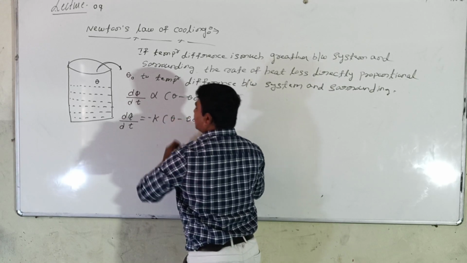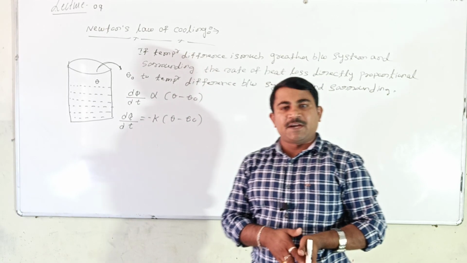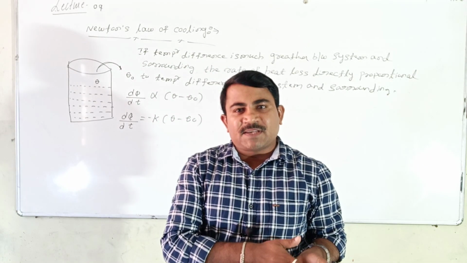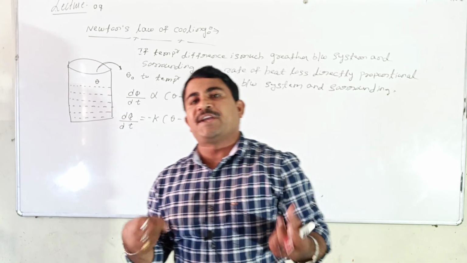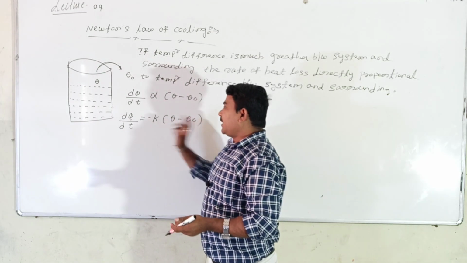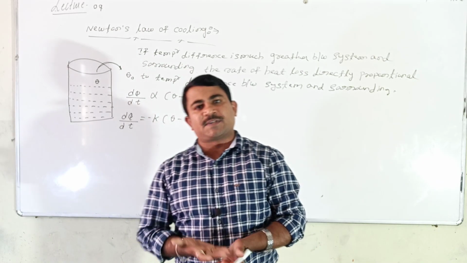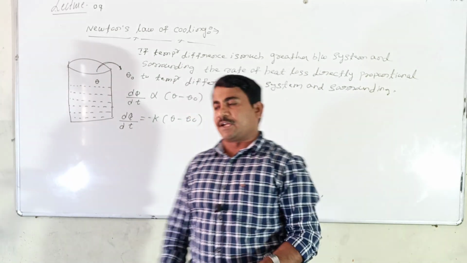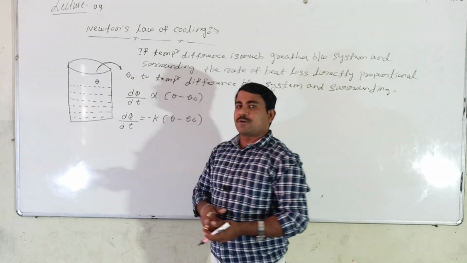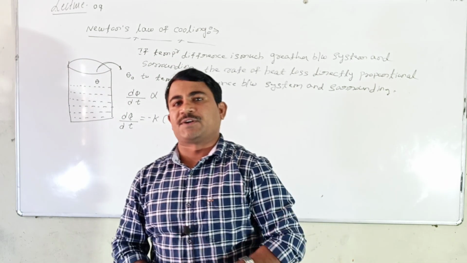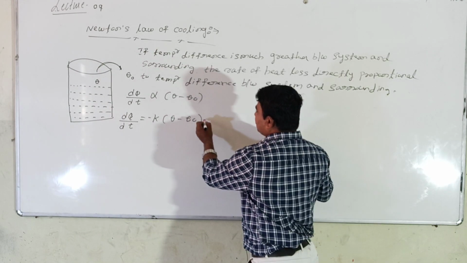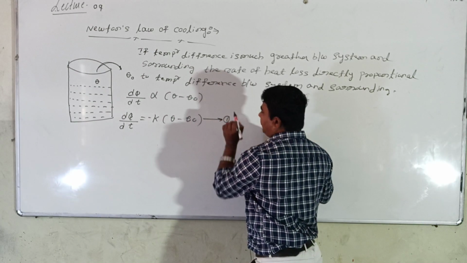I will put the negative sign, where the negative sign indicates that as time passes the temperature decreases. The constant K we are calling the cooling constant. This is equation number 1.